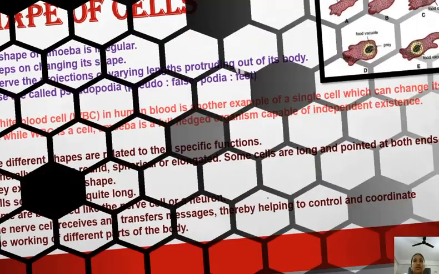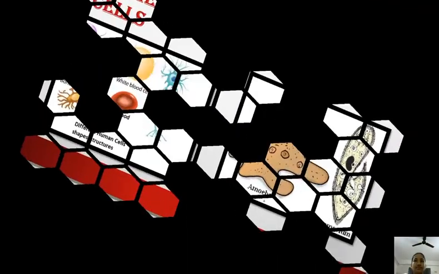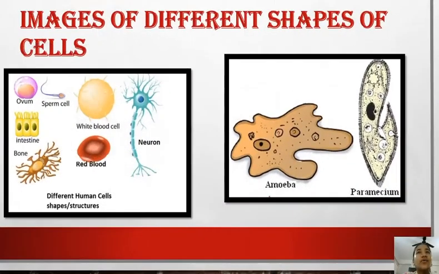That's the reason. Let me show you. I hope you can view these images. This is basically a neuron. Now why is it so long? Because its work is delivering messages from one end to the other end. That's the reason.